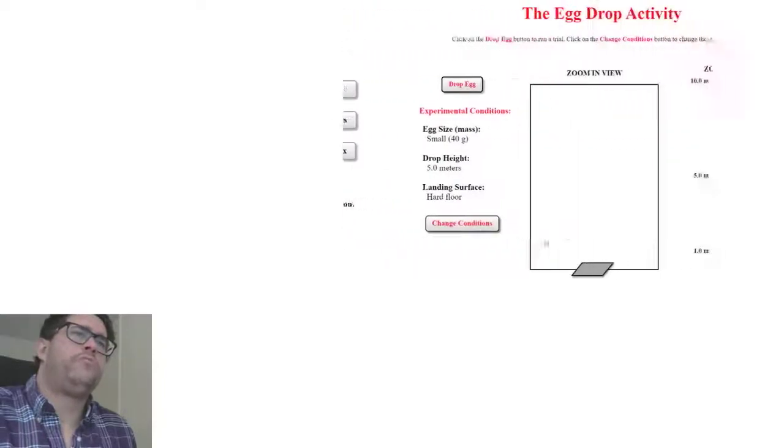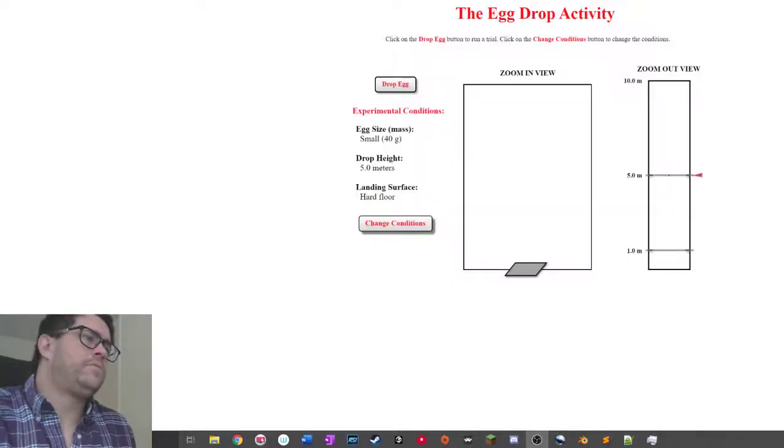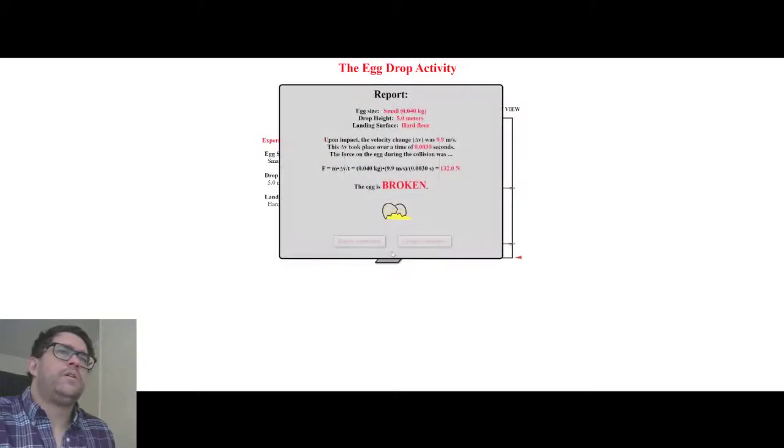So hard floor, 5 meter. All right, so big drop. Drop the egg. It's dropping from 5 meter. So this can give us the speed of the egg, and the result. Also some information: 132 newtons, because of the time it took.